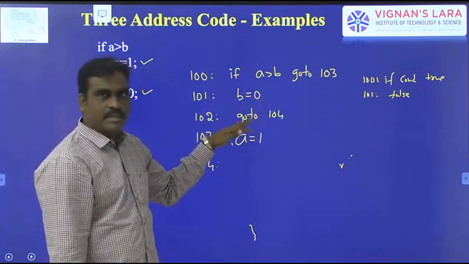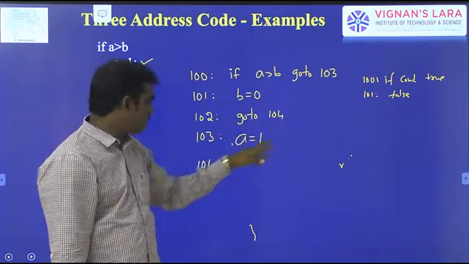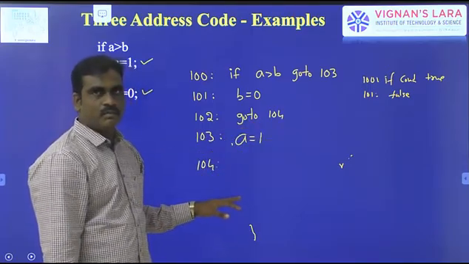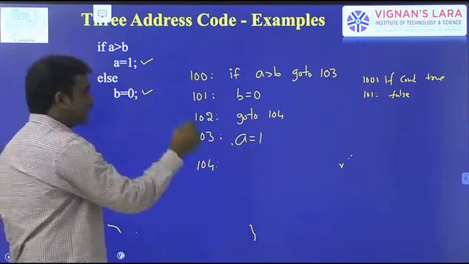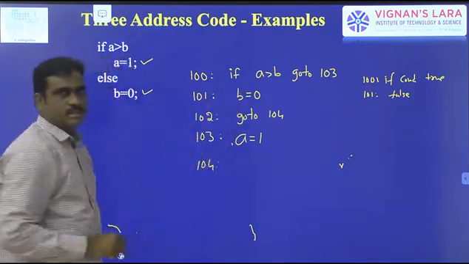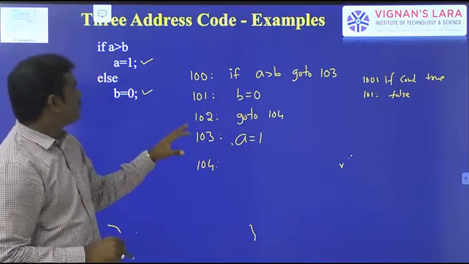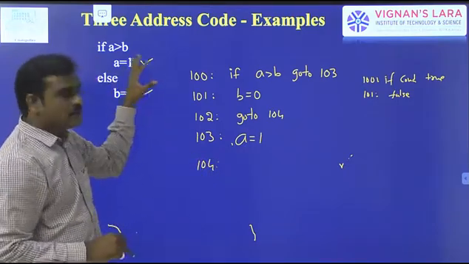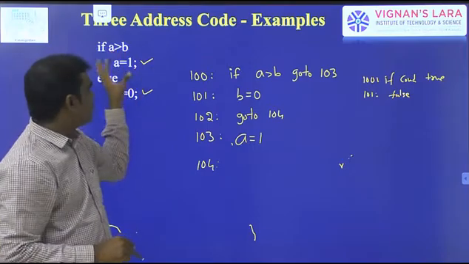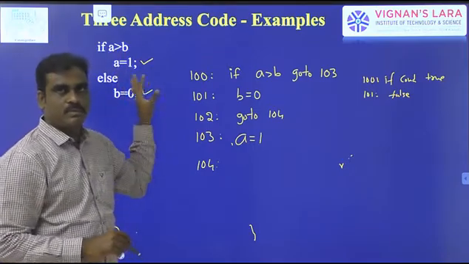After that, what is the statement? Go to 104. What is 104? Again, empty. Okay? So if the condition is true, this statement; if the condition is false, this statement. So in this way, we can construct the 3 underscore form where the given input statement is if-else. Okay? Okay. Thank you.